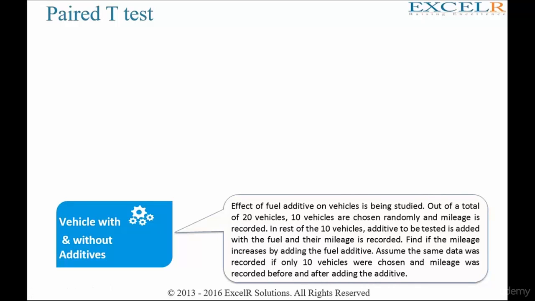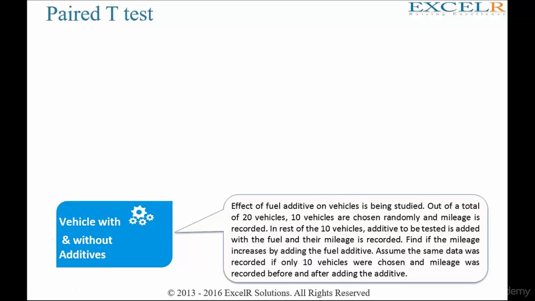What does that mean? If only 10 vehicles were chosen and on these 10 vehicles you are first testing the mileage, capturing the mileage, and on the same 10 vehicles you're adding the additive and then measuring the mileage, right?